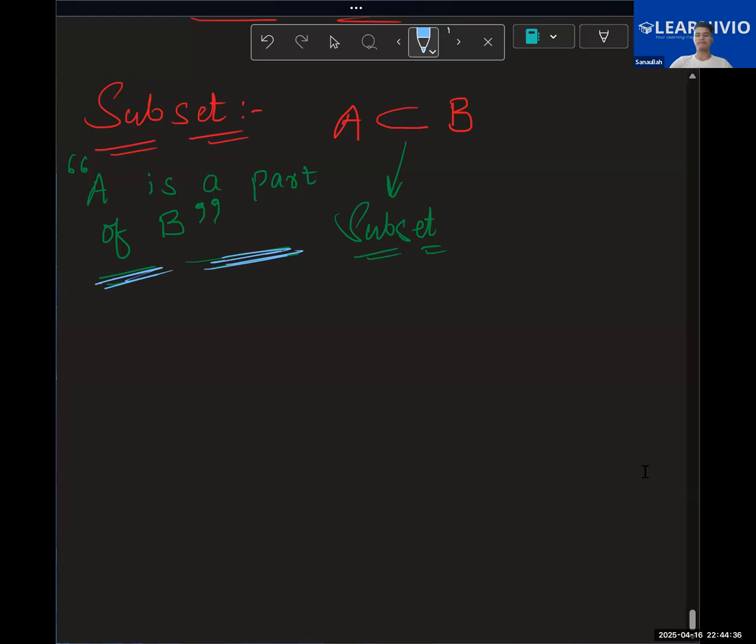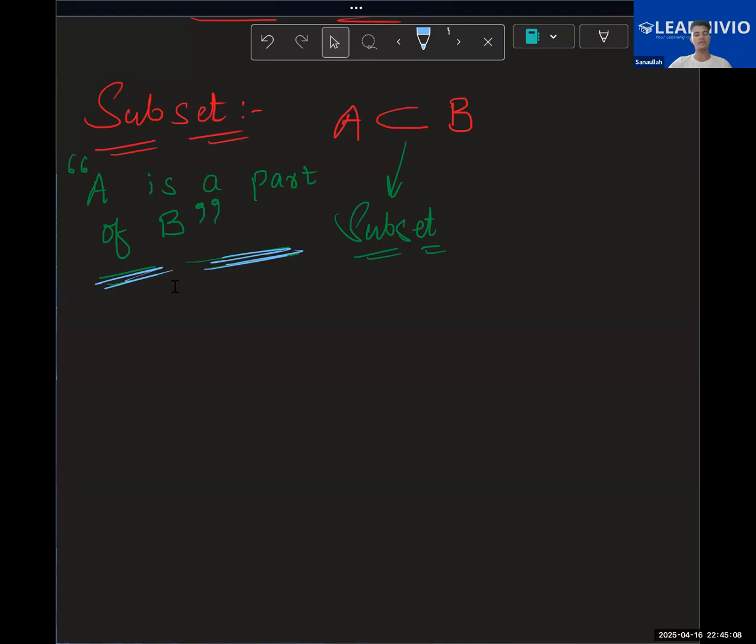Sir, that belongs to B. Not that belongs to B. If I say that A is a subset of B, then you can say that A is a part of B. That means if B is, let's suppose, the alphabets from A to Z, and if I say A is the vowels, then you can say A is a subset of B. Understand?